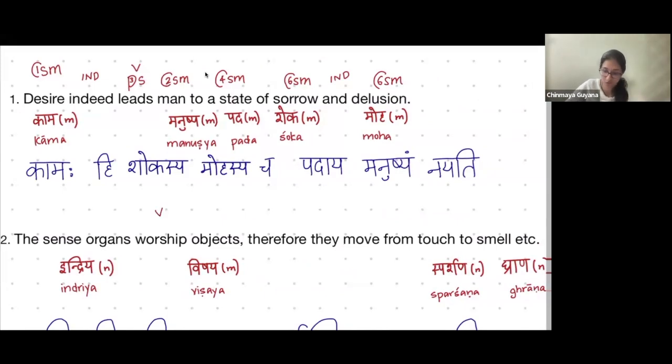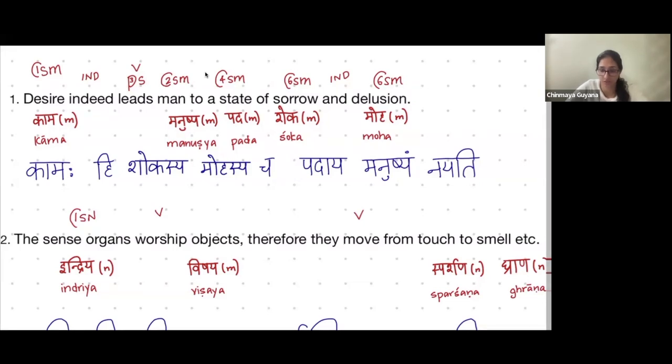They move. Move is another verb. So now you'll have worship has its own subject and move has its own subject. So what is the subject of worship? What worships? The sense organs worship. So first case, singular, neuter.